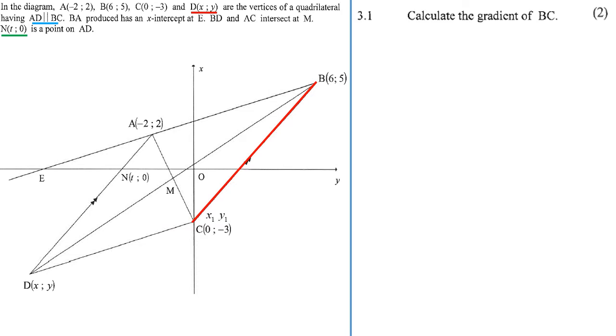You label, you get x1 and y1. You also get x2 and y2. It is not compulsory that the value of x at C should be x1. You can still make it x2. It depends on which point you want to start with.